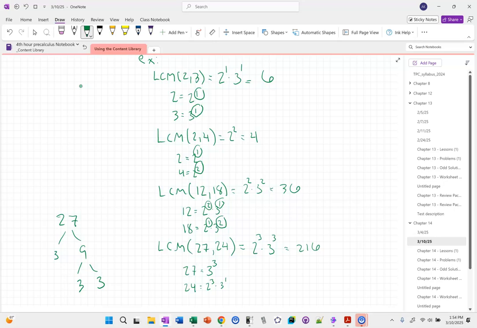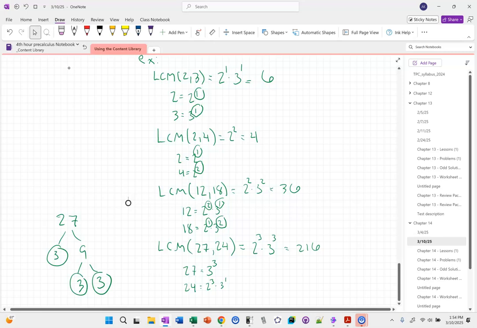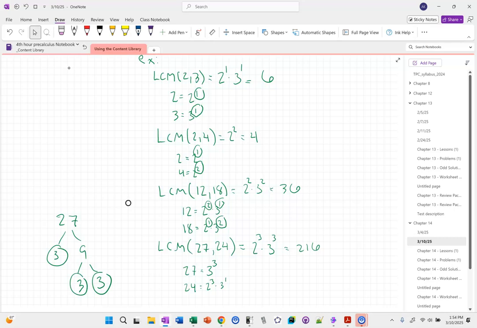So like 27 is 3 times 9, and the 9 is 3 times 3. So 27 is just 3 times 3 times 3, or 3 to the third. So that's all we're doing. I'm just doing it quickly in my head, because I'm a math teacher and I can do that kind of thing. And primes are numbers that can only be divided by themselves and 1, right? Or they're the only positive divisors.